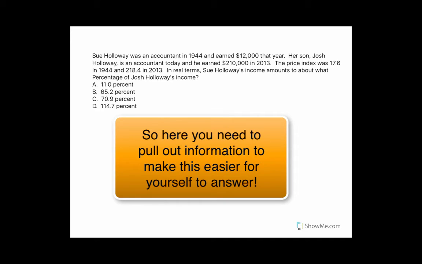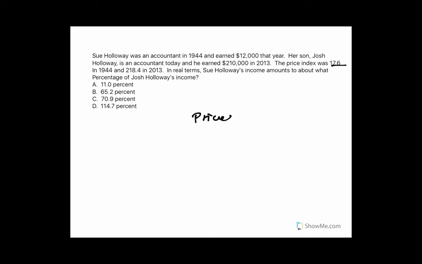Okay, so what we're going to do here is try and get these incomes into a single denomination, into a single year's value of currency. So that's what this price index can be used for. So we know that prices in 1944 were at 17.6, and in 2013 they were 218.4.